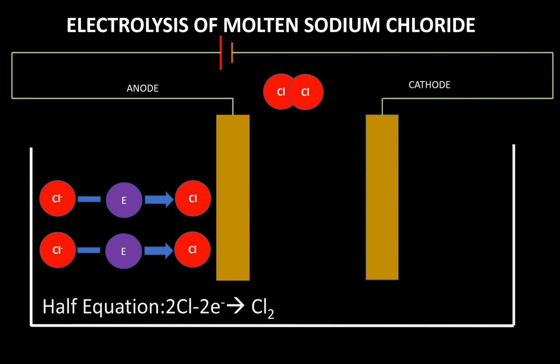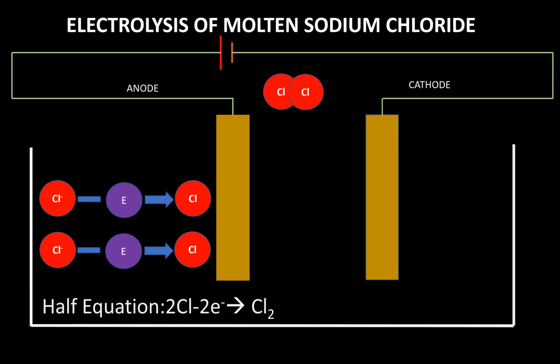So if I write the half equation, it would be 2Cl- minus 2e- gives you Cl2. I've not written the states. You please have to write down the states. I'm just explaining without the state equation throughout the explanation. So this is what is happening at the positive electrode, and you've seen what happened at the negative electrode also.